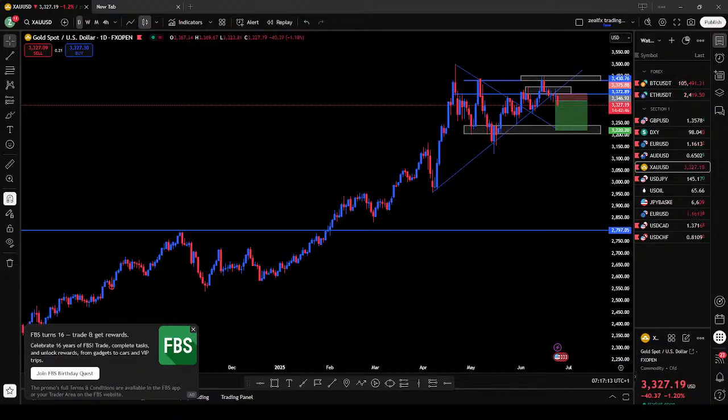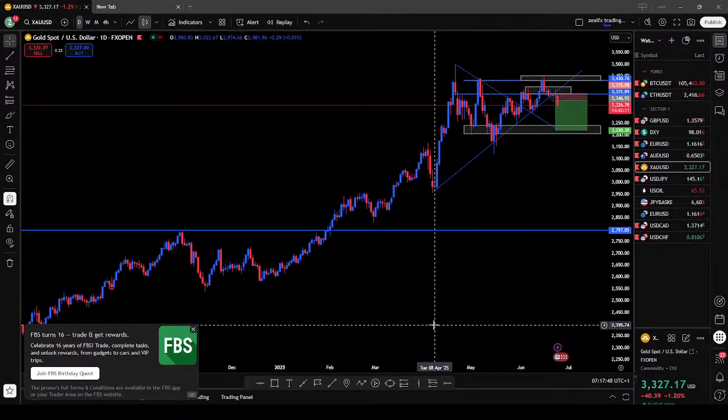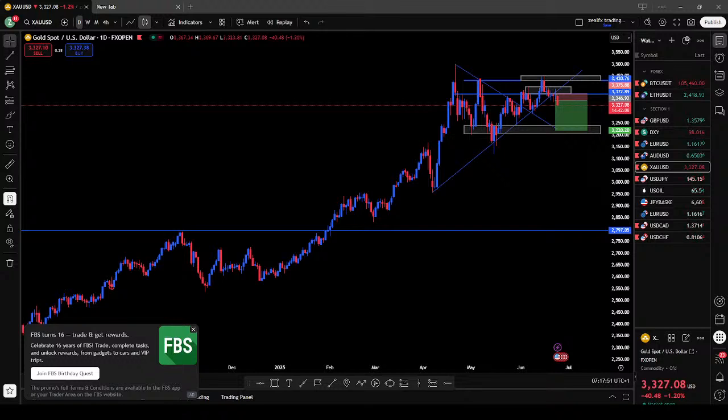This is not good resistance for the monthly chart. Start this thing.